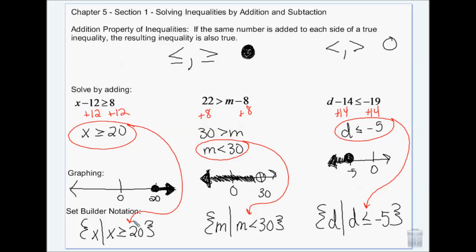Now essentially, these three statements are all saying the same thing, just in a different way. The first, x is greater than or equal to 20, is your basic general algebra statement, and it's the most simple way. Then the graph is a pictorial, visual representation of the same thing.